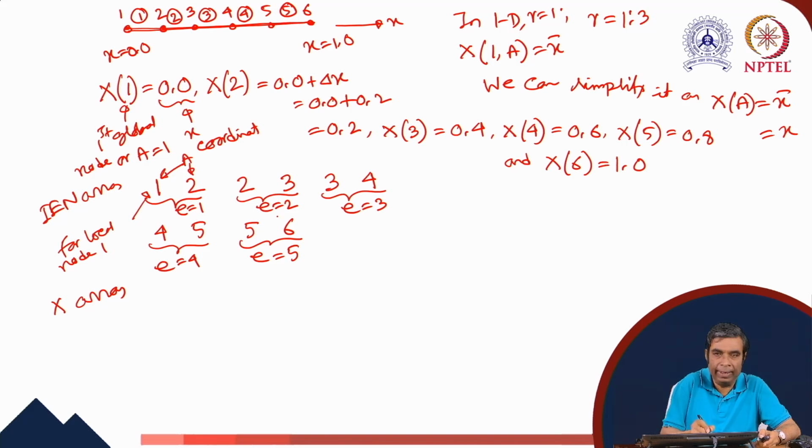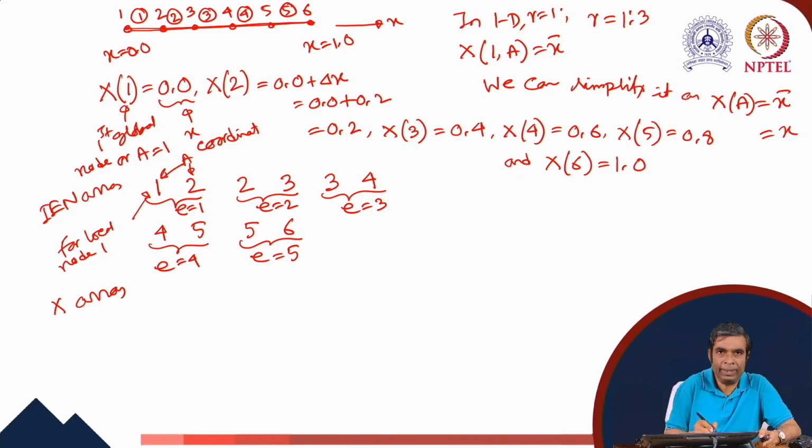Then we move to the next element, element 2. For element 2, the first local node's global node number is 2, and the next node is 3. For the third element, our numbers are 3 and 4. For the fourth element, our numbers are 4 and 5. And finally, for the fifth element, our numbers are 5 and 6. So this is a presentation of the IN array data.